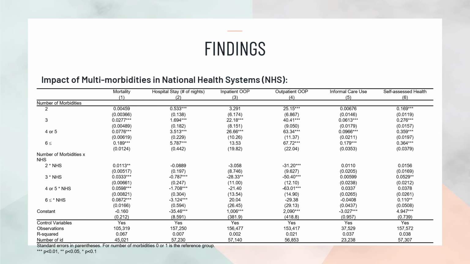Although Model 5 shows no effect of number of conditions and national health system on informal care use, there are observable effects at the significance level of 5% for having 3 conditions or 6 plus conditions for self-assessed health status.